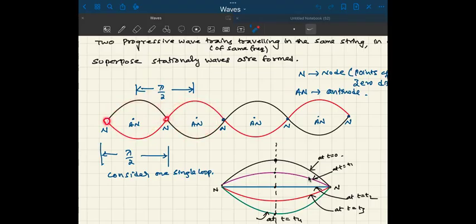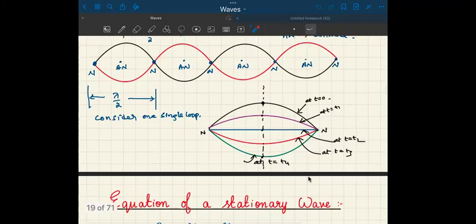These points of permanent zero displacement are called nodes, and these points with maximum amplitude are called antinodes. Between two nodes, the distance is lambda by 2. Between two antinodes, the distance is lambda by 2. I should say successive. Between a successive antinode and a node, it is lambda by 4.